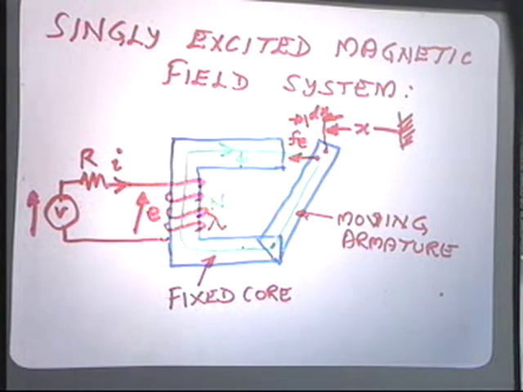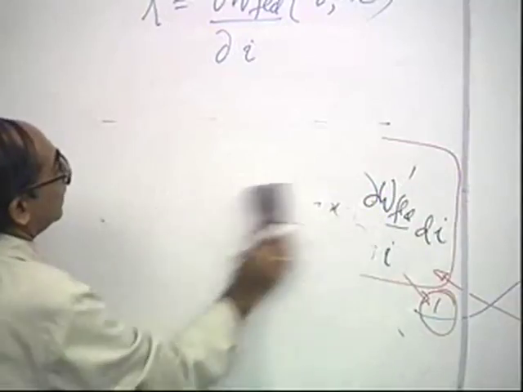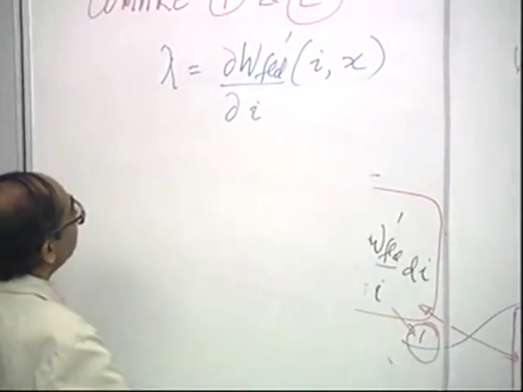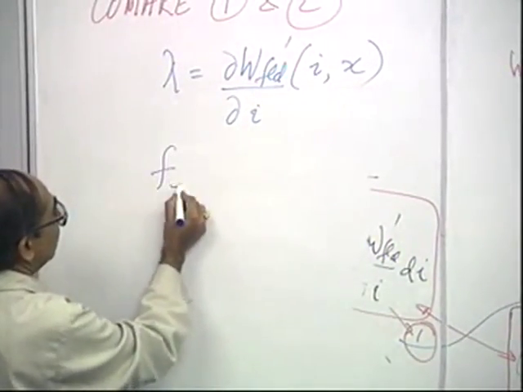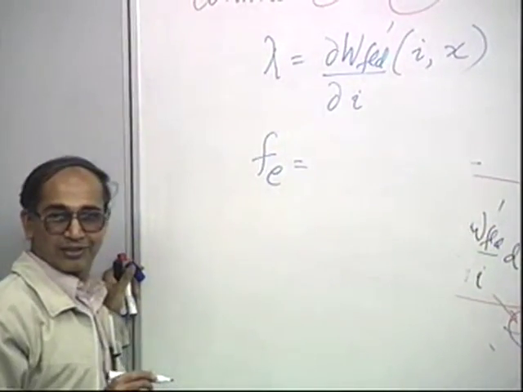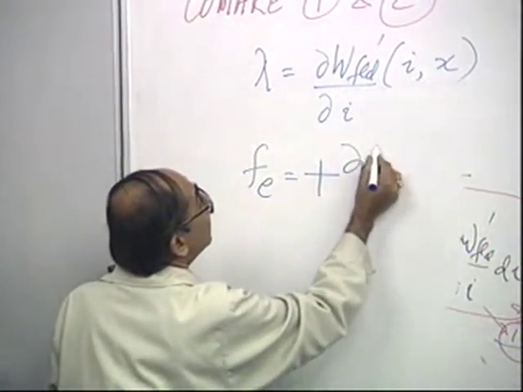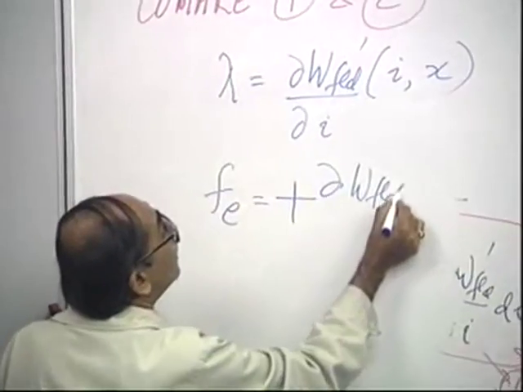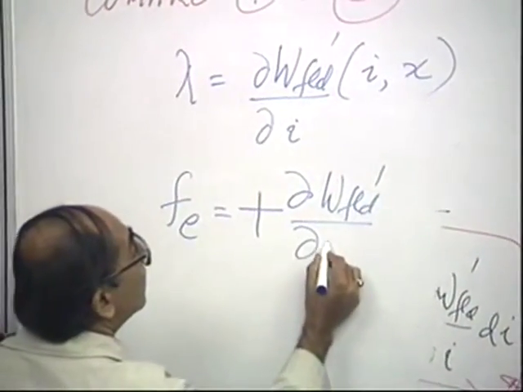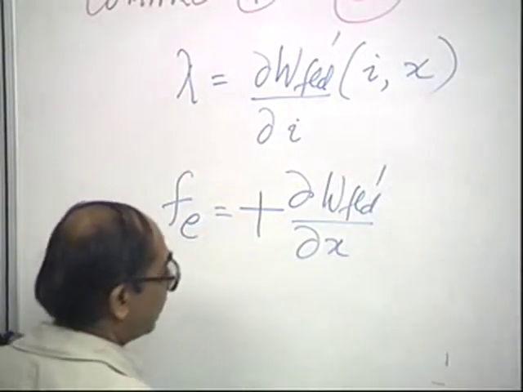Now the second one: we can also find the other expression of force, which is now equal to plus delta W field dash by delta x, where again it is expressed in terms of I and x.